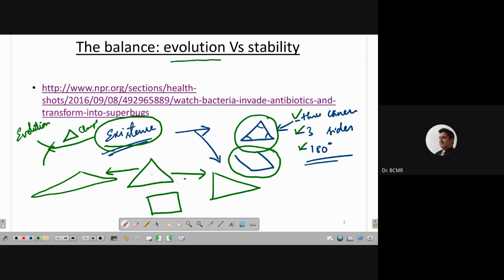So this was an equilateral triangle, but now this is not, right? Changing the form is evolution. And if something drastic happens, like I've shown in this place, then it would have gone extinct, because it is no longer a triangle at all.